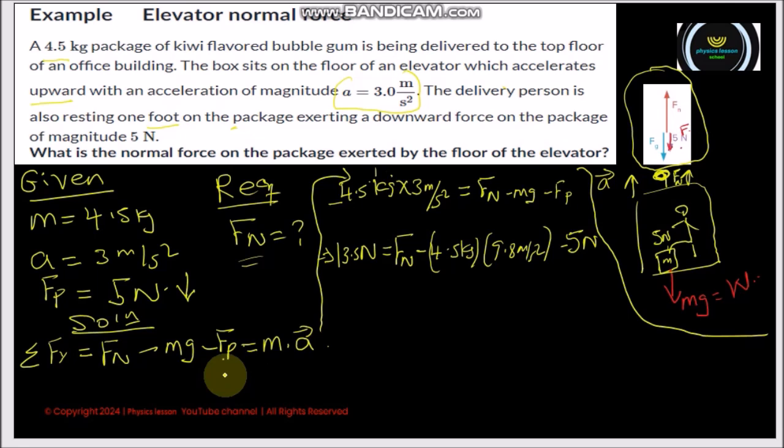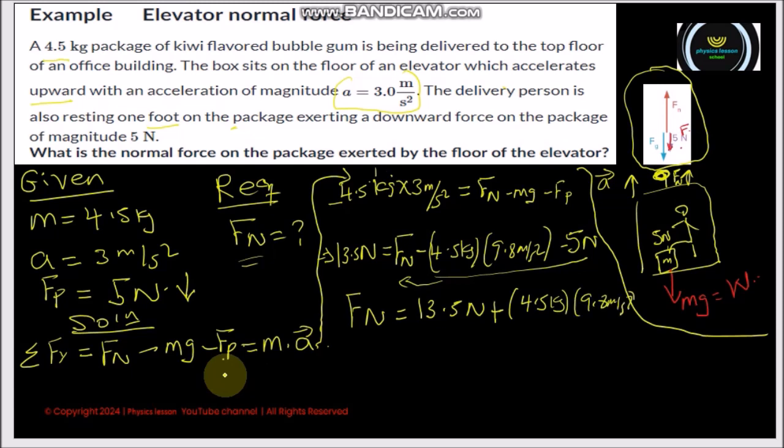Now the normal force is equal to 13.5 Newton plus 4.5 kilogram times 9.8 meter per second square plus 5 Newton, because we take these two quantities to the left.